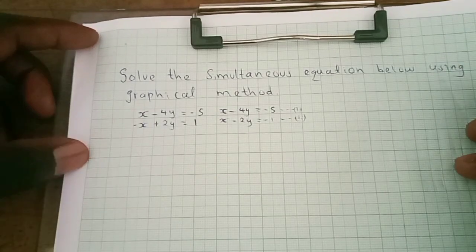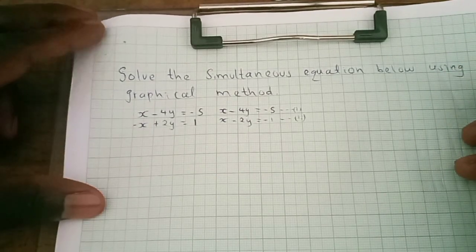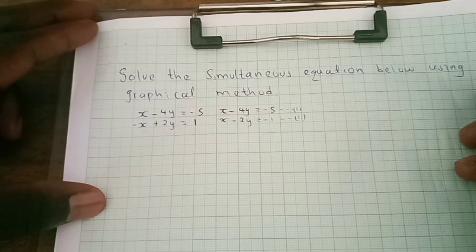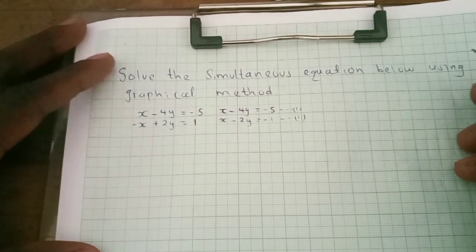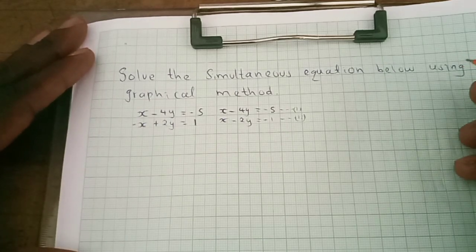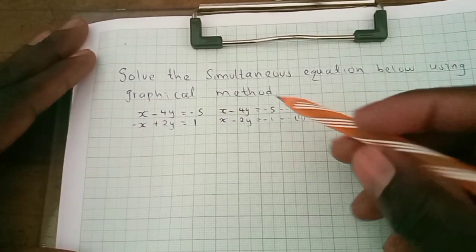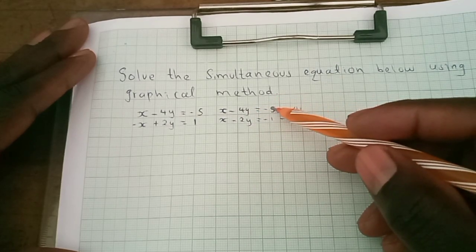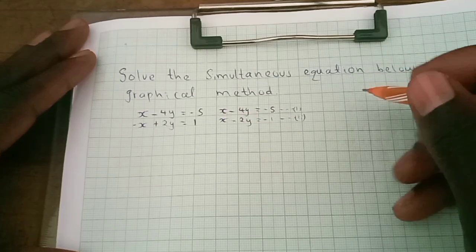And we know that in solving simultaneous equations using graphical methods, we are supposed to change these equations into equations of a straight line. So to change the first equation into the equation of a straight line, I am going to move negative 4y to the right hand side and negative 5 to the left hand side.